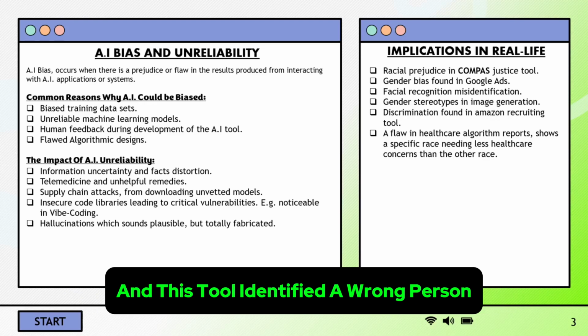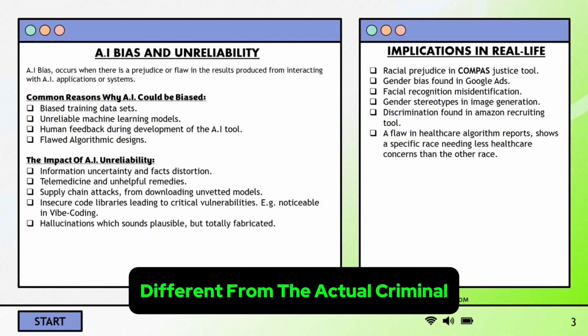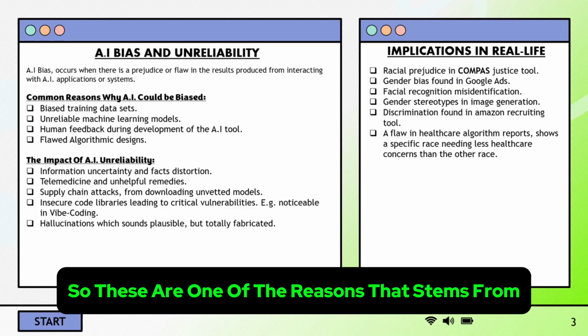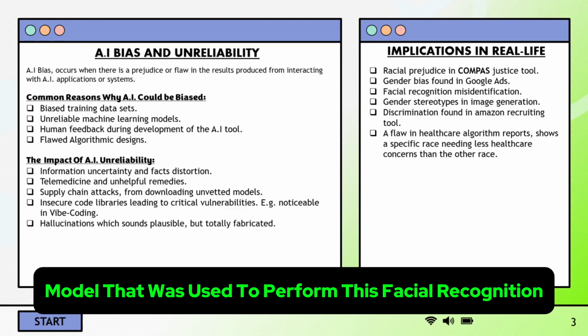And this tool identified a wrong person, or should I say an innocent man, to be the perpetrator of this crime, different from the actual criminal being looked for. This is one of the reasons that stems from using biased data to train the AI model that was used to perform this facial recognition.